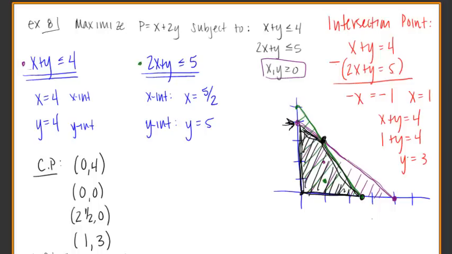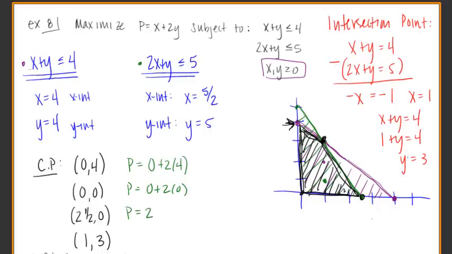Okay, so far what we've done is we've graphed all of our inequalities. We used our intercepts to do it. We found all the corner points. So lastly, all we want to do now is go up to our profit, or our equation that we want to maximize, which in this case is P, and we're going to plug our corner points into the equation. So it says x plus 2 times my y's.